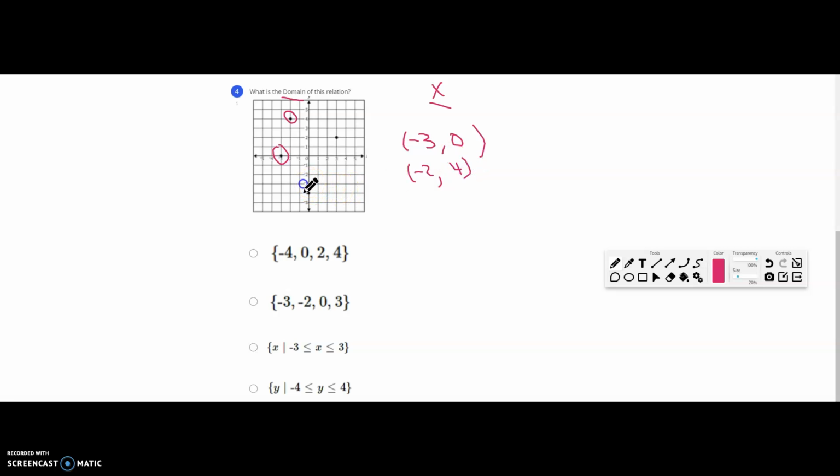We have this point here, which is 0, -4. We have this point here, which is 3, 2. And those are all 1, 2, 3, 4 points. So they want domain, so we're looking for -3, -2, 0, and 3. This is our answer.